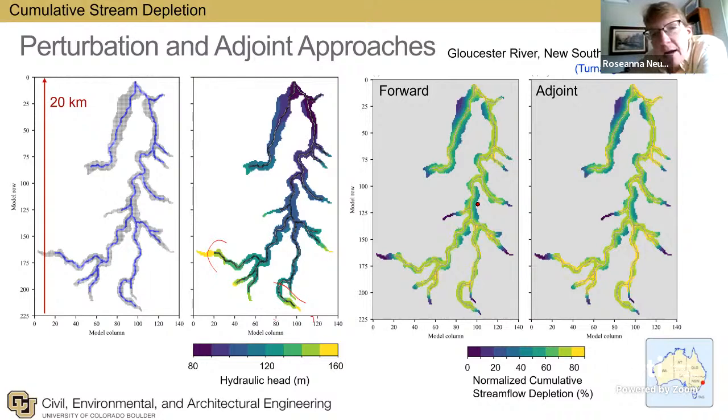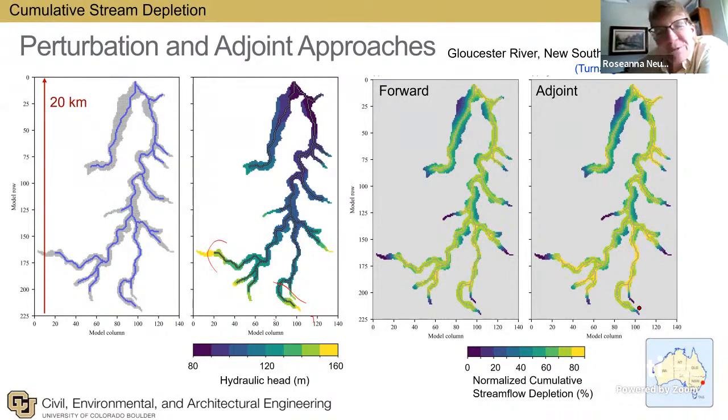And I guess the main idea to emphasize here is that the adjoint solution was just one simulation. The forward solution, I don't have the number of simulations shown here, but we'll say probably 1,000 more simulations because there are that many grid blocks, and we still got about the same answers.